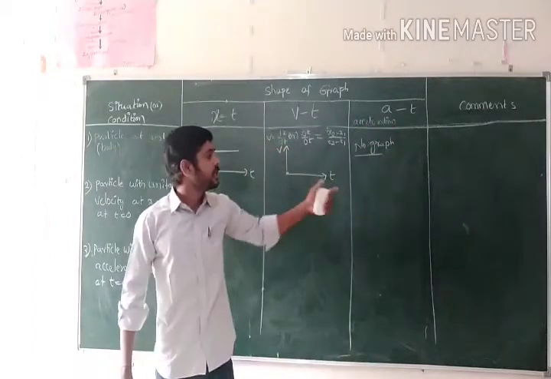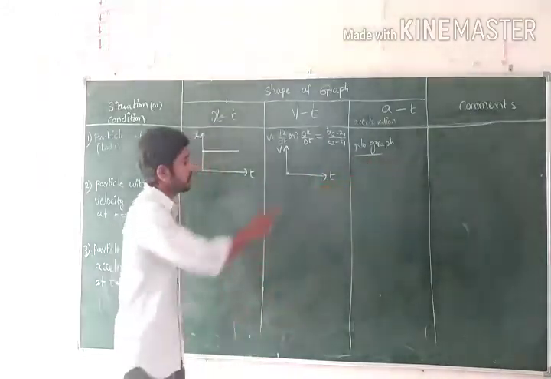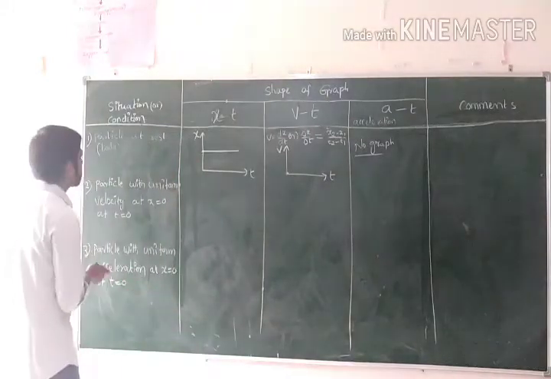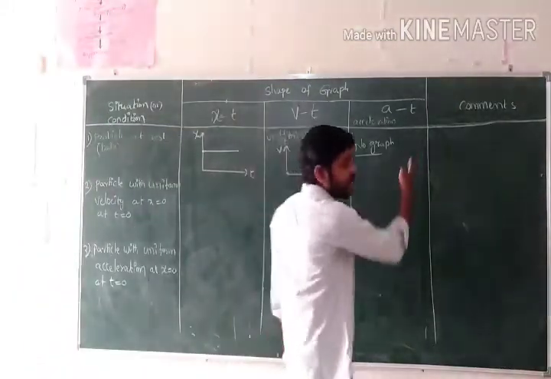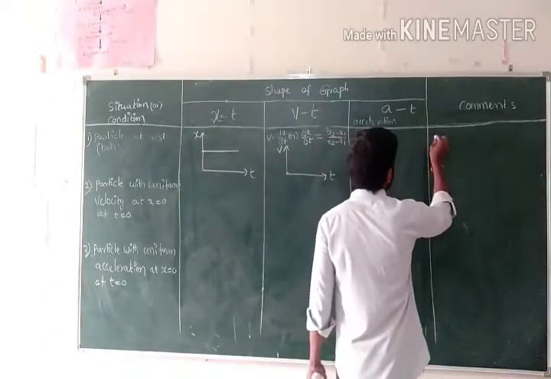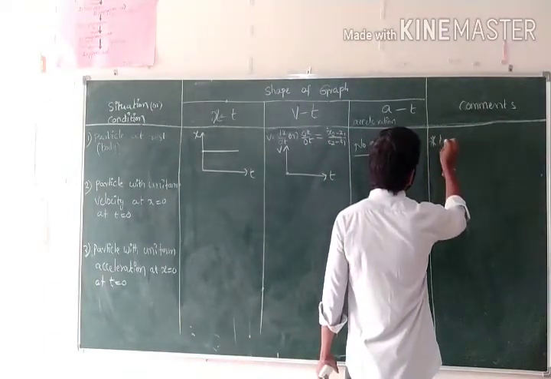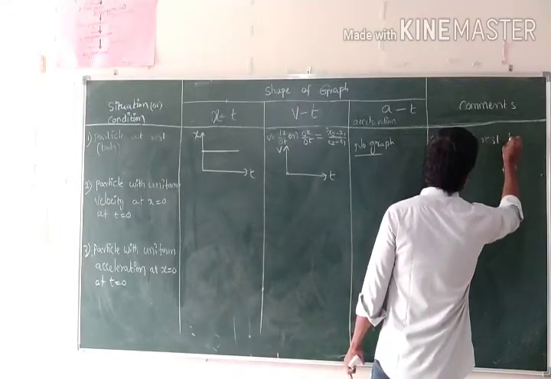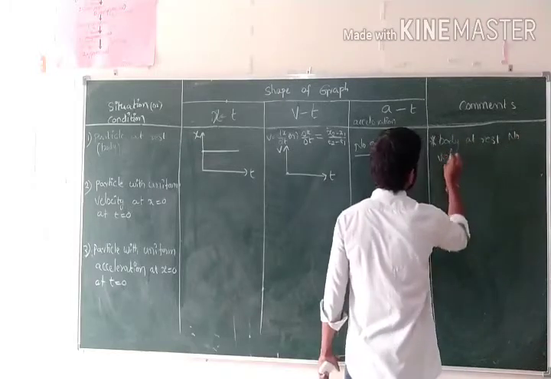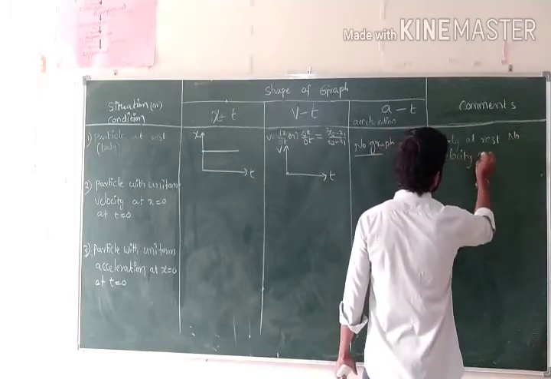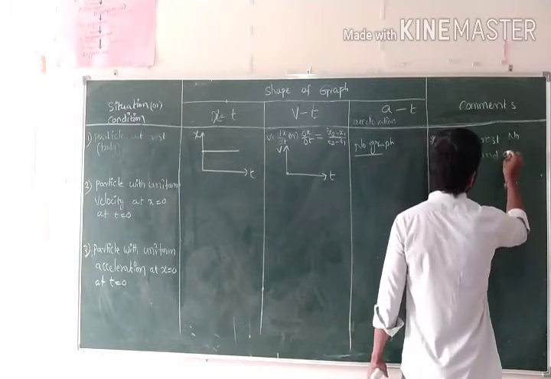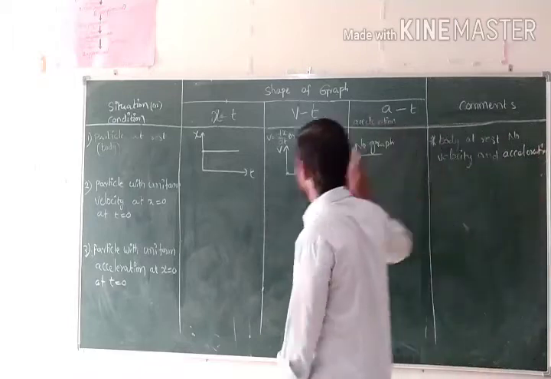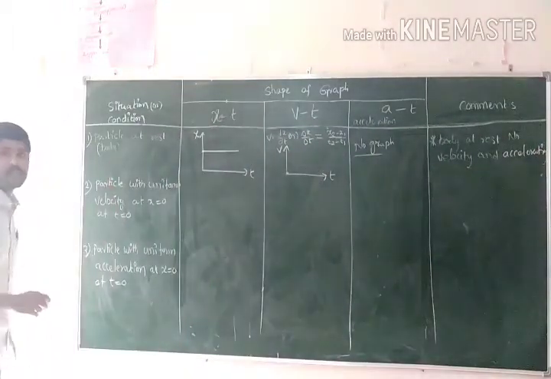Acceleration versus time is also the same, no graph. If you write any comment about this case, there is no graph for a particle or body at rest, no velocity and no acceleration. This is the comment in this case: particle at rest.